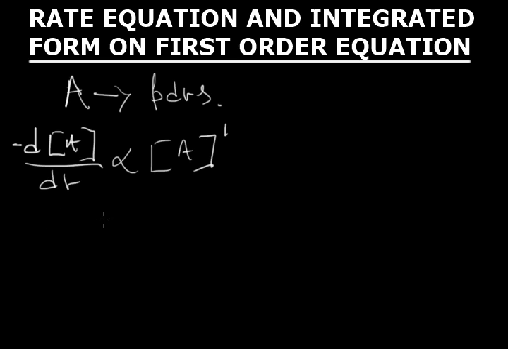Now if the concentration of A is small a when time is 0 and the concentration of product is 0, then we can write minus dA by dt.